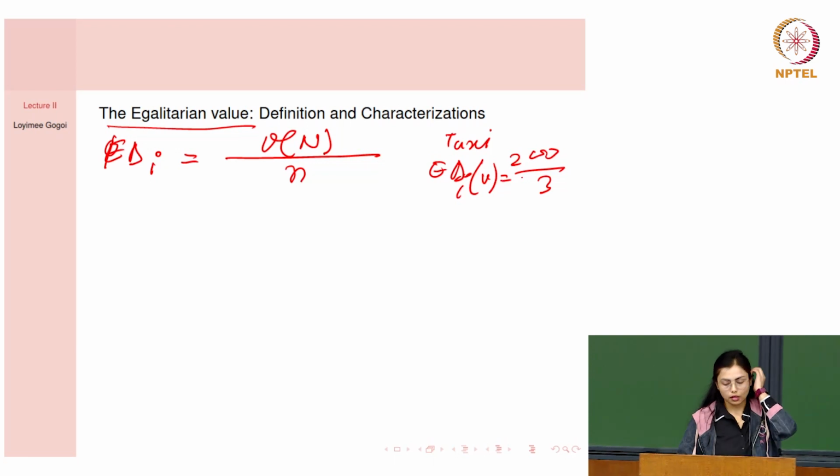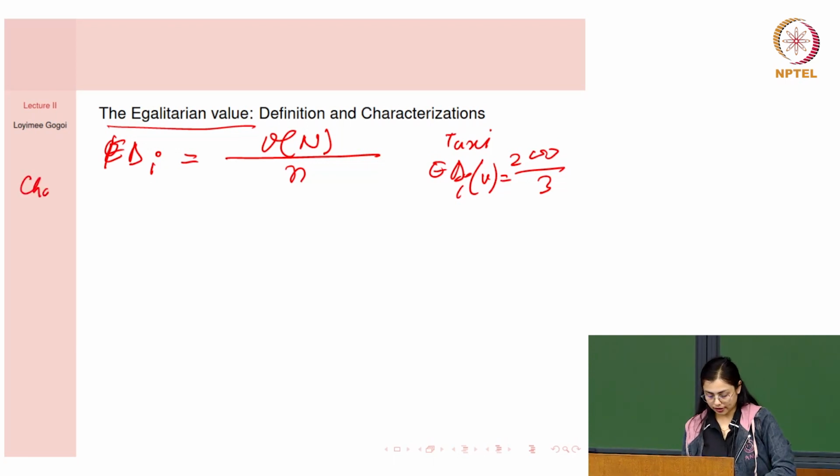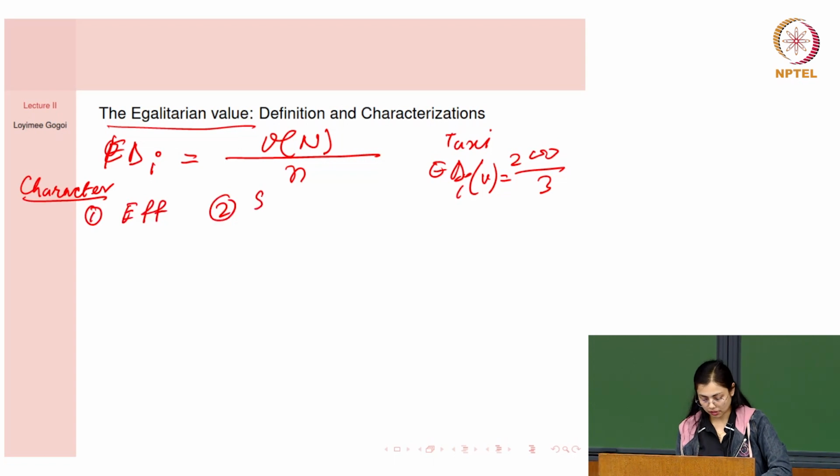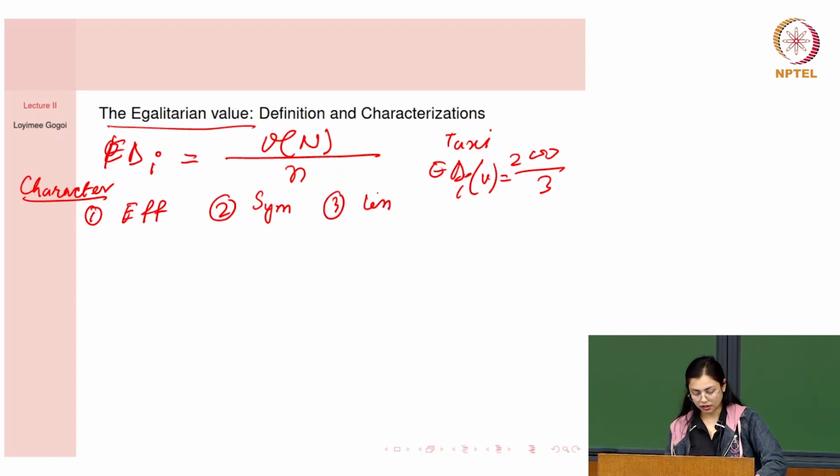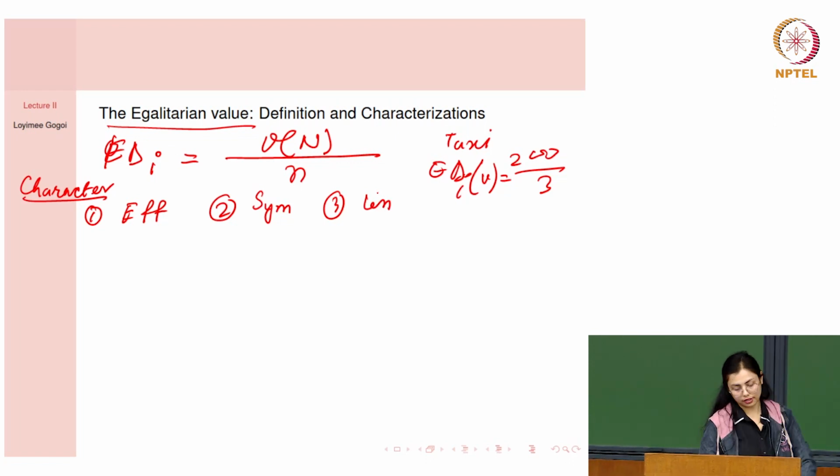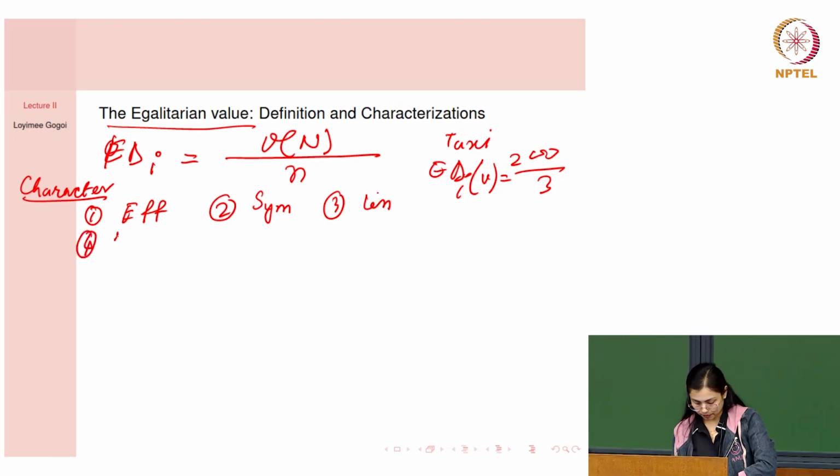Okay. So now let's talk about the characterization. First, it is efficient. Second, it is symmetric. Third, linearity. But the fourth condition is nullifying player. It satisfies nullifying player.